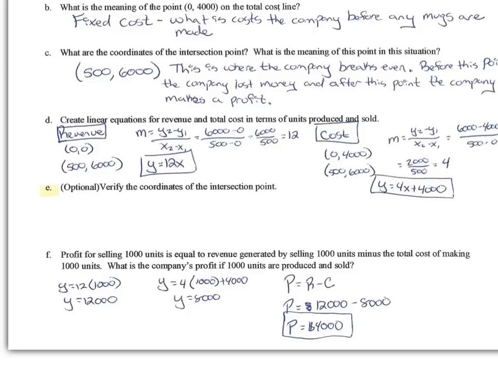So you plug 1,000 into your revenue equation, and 1,000 into your cost equation. It means you made $12,000 when you sold 1,000 units, and it cost you $8,000 to make those 1,000 units. Subtract. The profit that you end up making on those 1,000 units is $4,000.